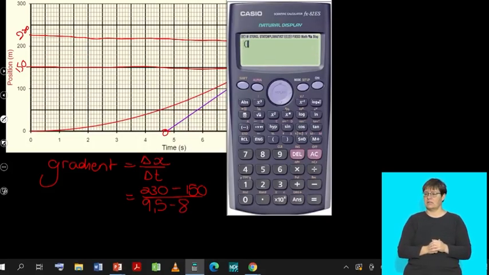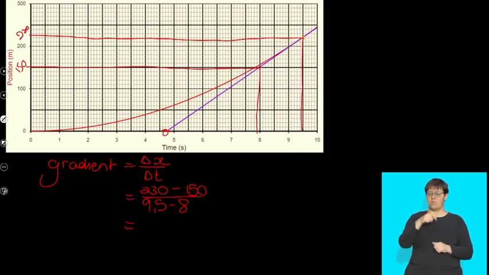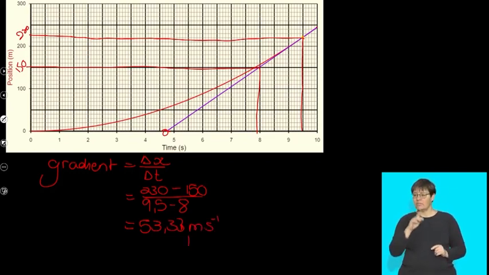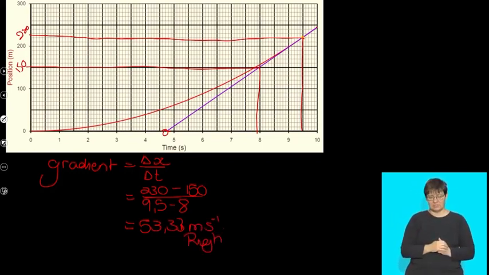Can't do this in my head. 230 minus 150 divided by 9.5 minus 8. And we get 53.33. Much faster. And that's what we expected, and it's a velocity, so it's going to the right. All the time it's going to the right, still positive gradient.